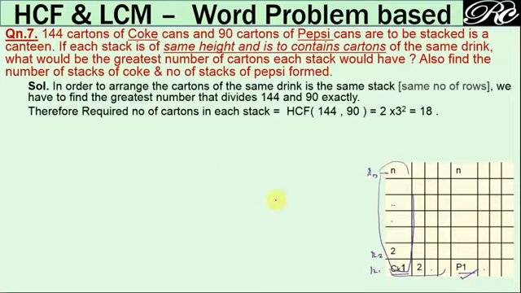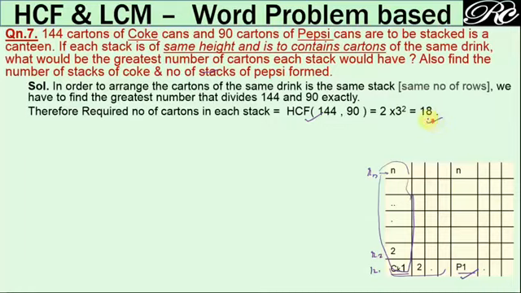Therefore the number of rows or number of cartons in each stack will be the HCF of the number of Coke cartons and the number of Pepsi cartons. Therefore the required number of cartons in each stack will be the HCF of 144 and 90.